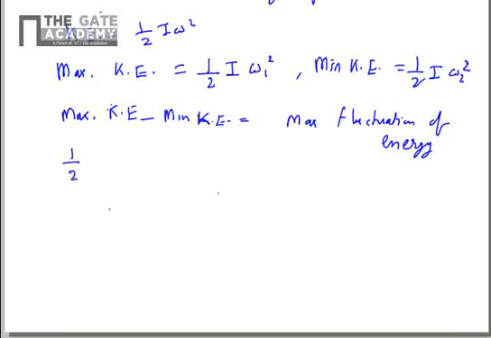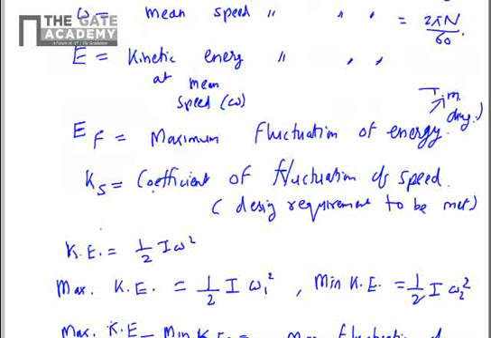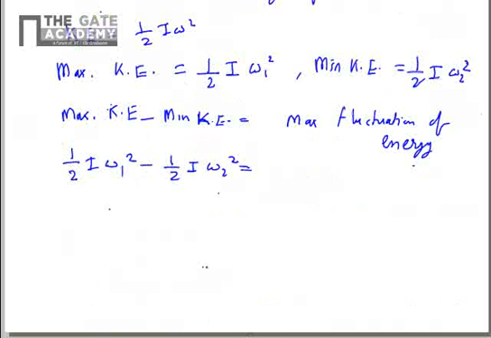So we put our derivation here: half I omega 1 square minus half I omega 2 square equals the maximum fluctuation of energy, which is a known quantity, EF.